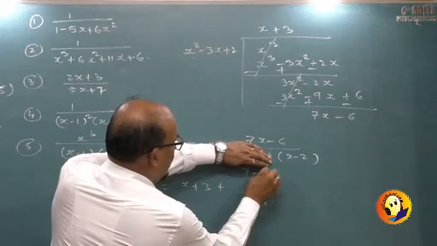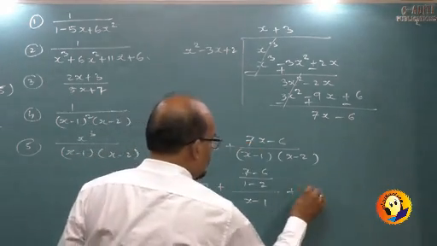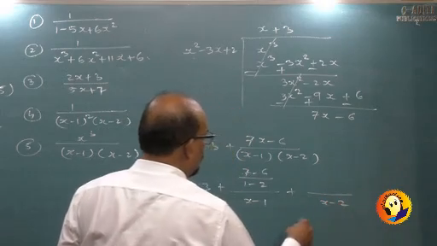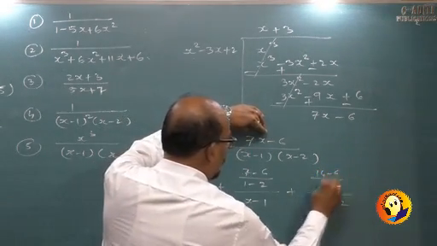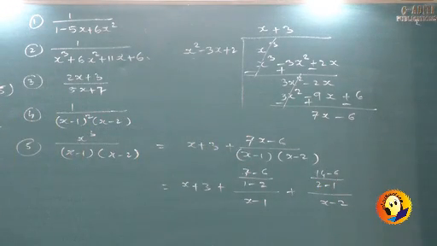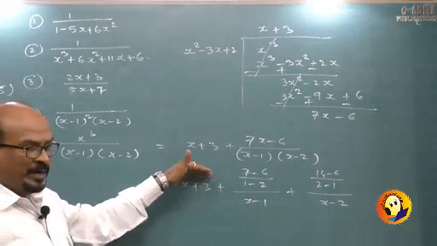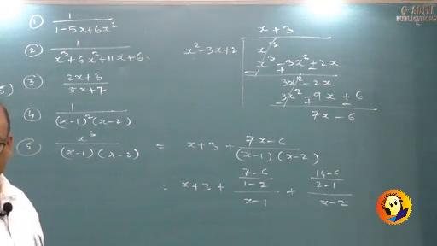So it is 7 minus 6 upon 1 minus 2 plus numerator of x minus 2, put x equal to 2. So it is 14 minus 6 upon 2 minus 1. When the power of the numerator is less than the denominator, we can use this formula directly.